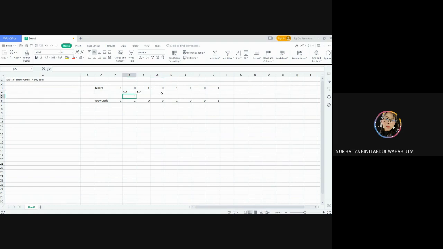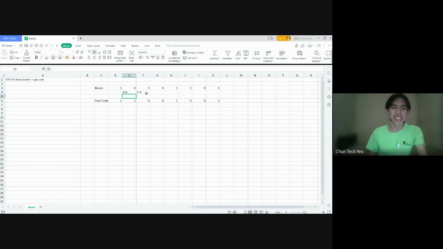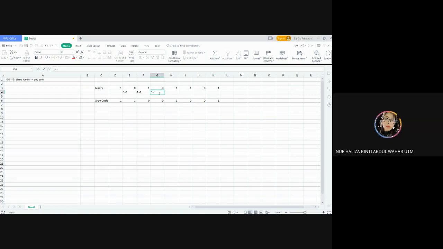Then this one is sum out to this one equal to 1. Then 1 plus 1 equal to 0. 0 plus 0. No. Your method now you are using the zigzag, which is the gray to binary method.